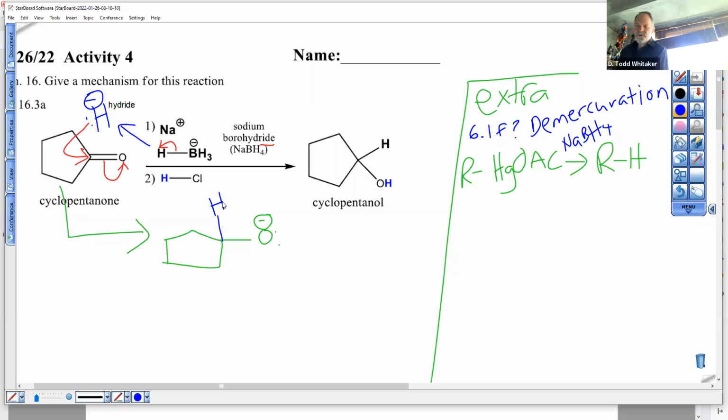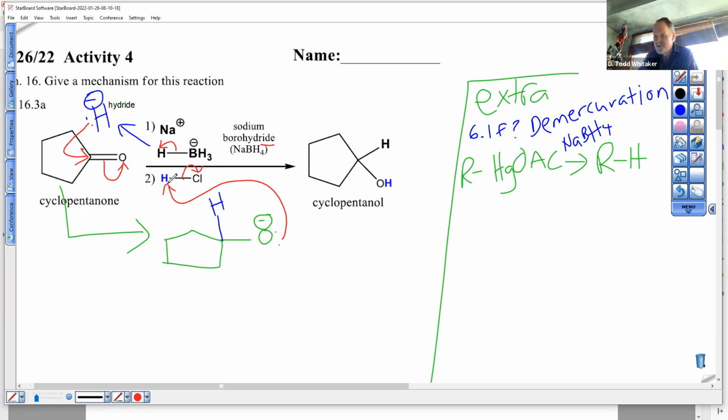Then step 2. O minus reacts with H in HCl. If you tried to combine this and said, I'm going to do the reduction first, and then have a lone pair on this O attack this H, you're fired. The last person that mixed sodium borohydride with HCl is no longer with us.